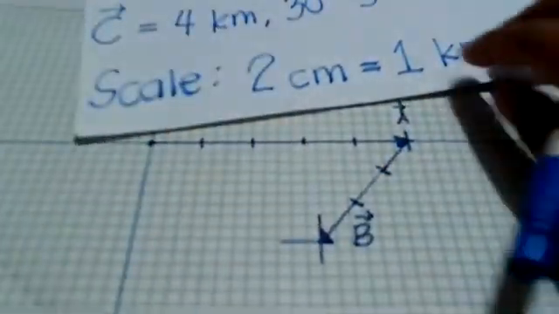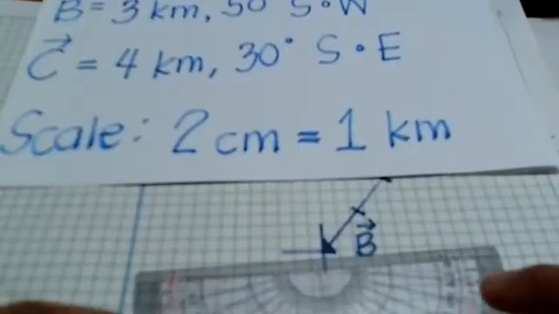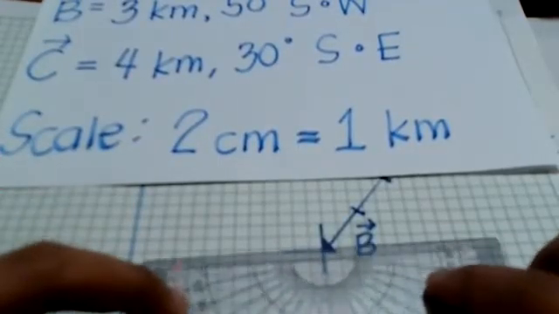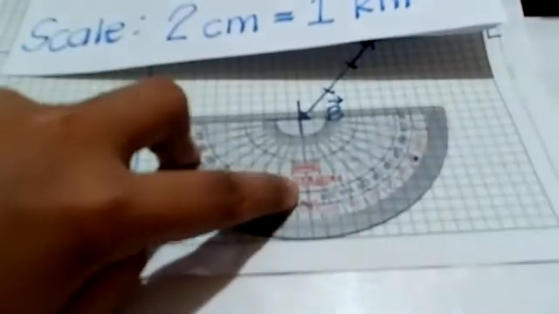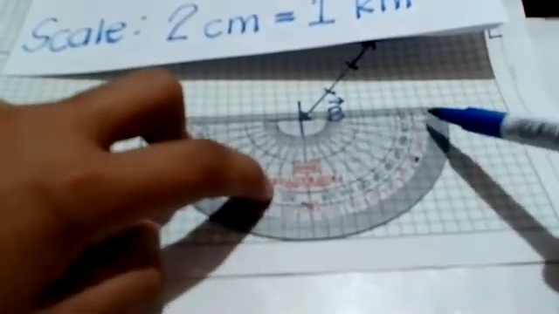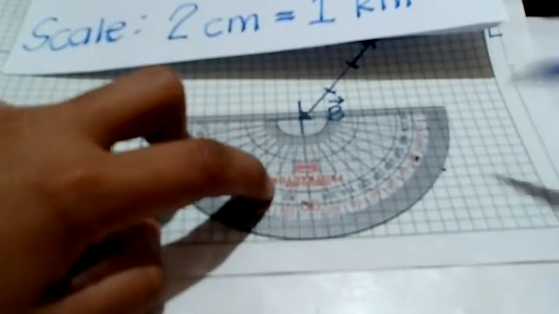Here we have 30 degrees south of east. So where is south of east? 30 degrees south of east, so here.